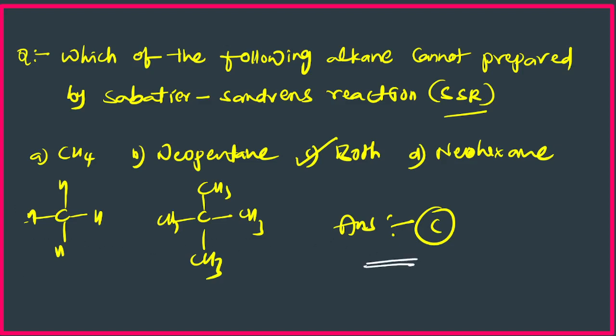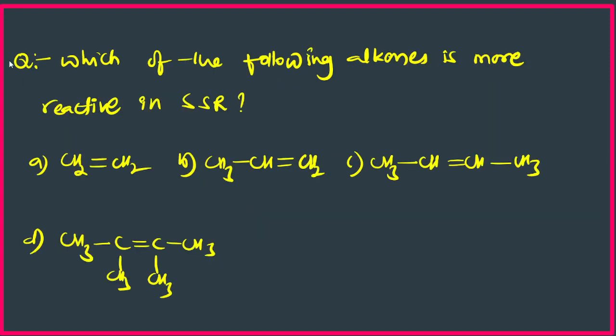Have a look at the next question. Which of the following alkenes is more reactive in the Sabatier-Senderens reaction? CH2=CH2 is ethene, then propene, then butene. Here is a hint: hydrogenation is a metal surface addition reaction.